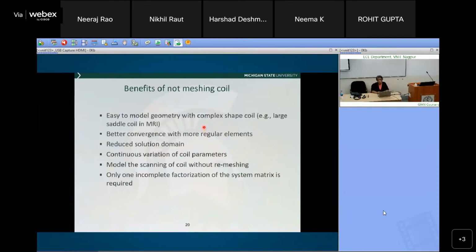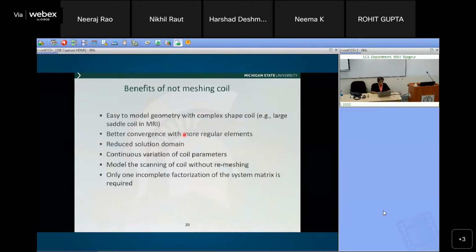So what we did was decouple the source coil from the rest of the geometry, and the coil field is calculated using the Biot-Savart law, which is a simple integral equation. There are benefits of not meshing. It's easy to model geometries with complex-shaped coils, particularly a plus-point coil with a ferrite core, which would be a very complex mesh.